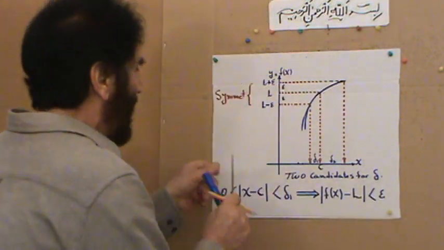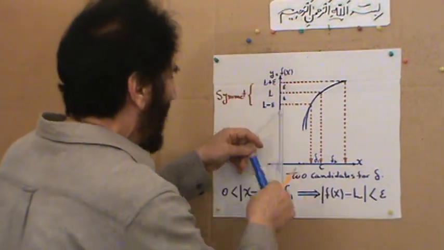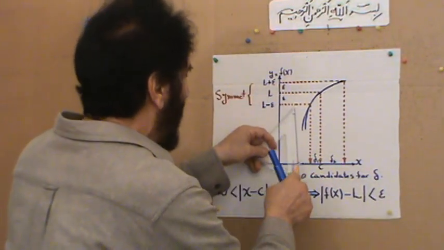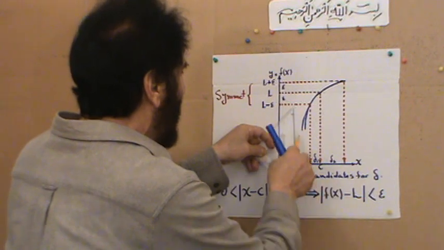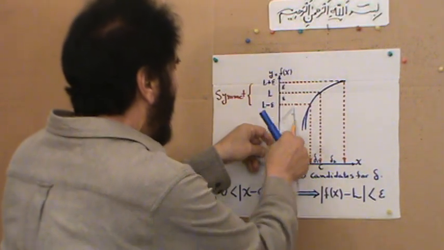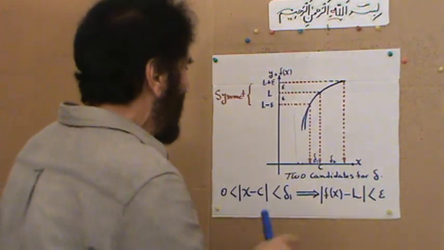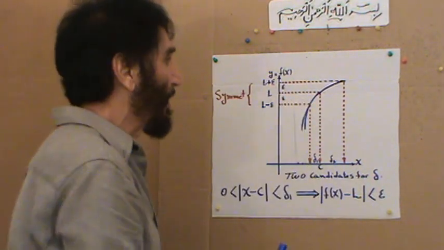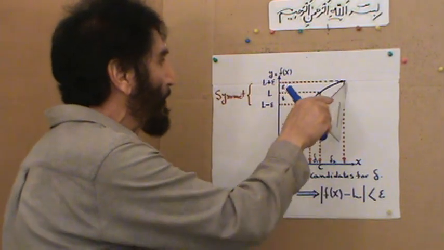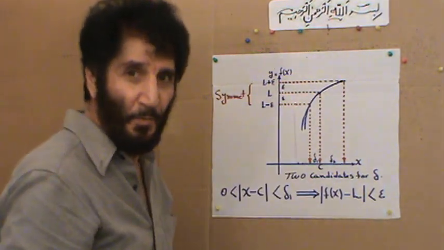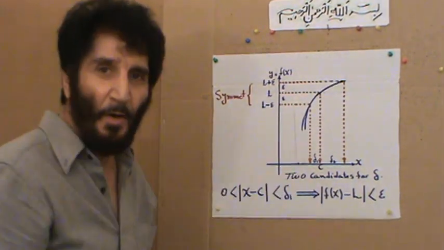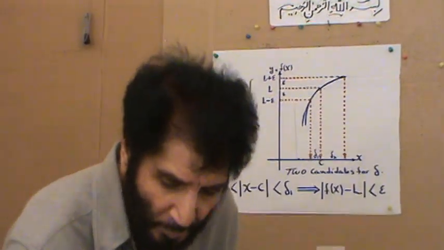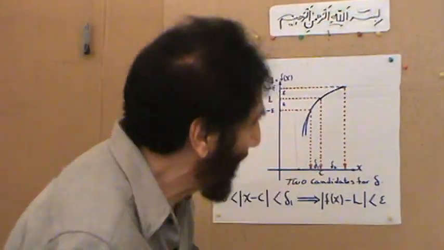If I select delta 2 as my delta, and to the right is delta, to the left will be this line. You see that? And in here, the function has no value, because the graph shows only from this point to this point. You follow? So my selection of delta to be delta 2 was not good.